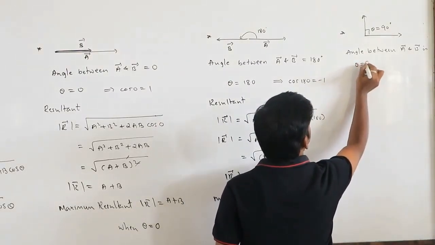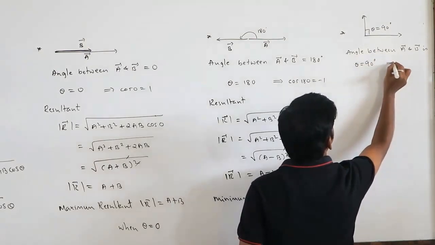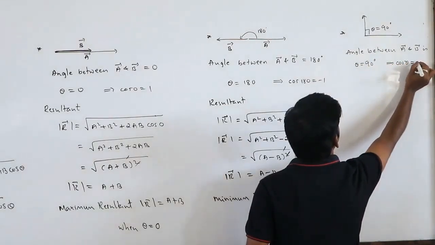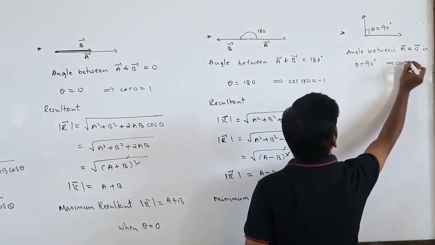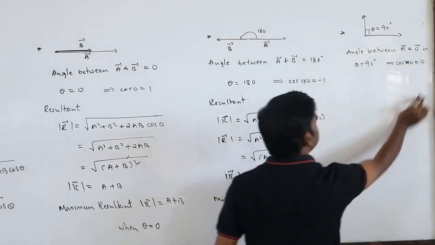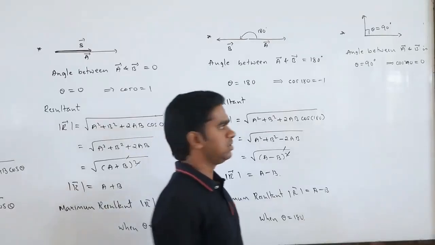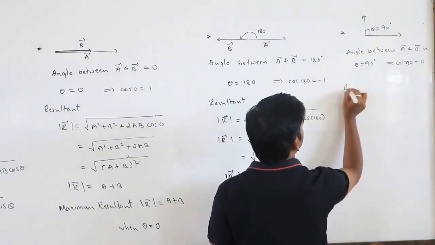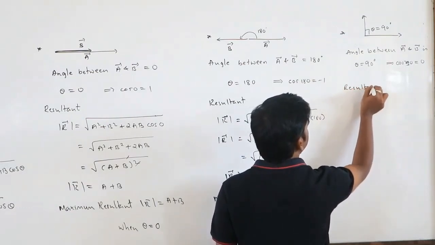So theta equal to 90 degrees means cos theta is equal to cos 90, which is equal to 0. If this is the case, what will be the resultant?